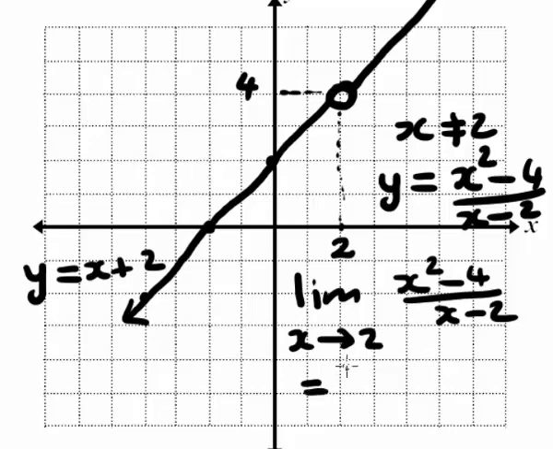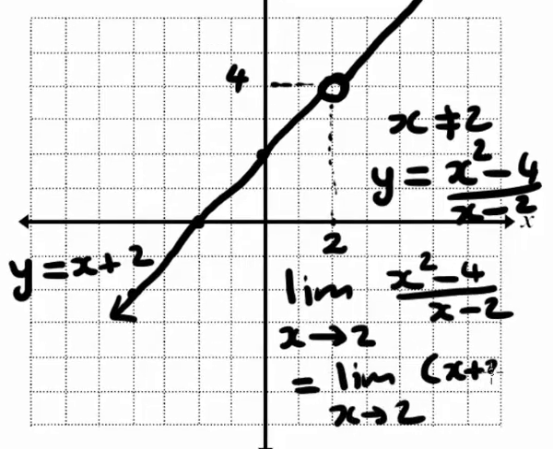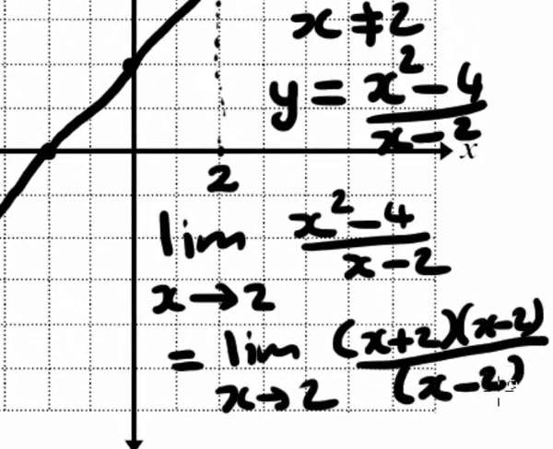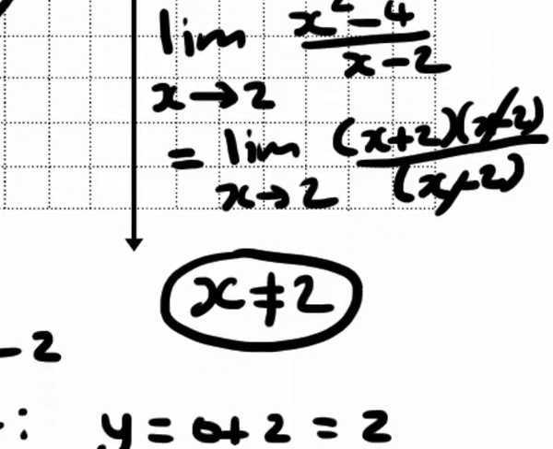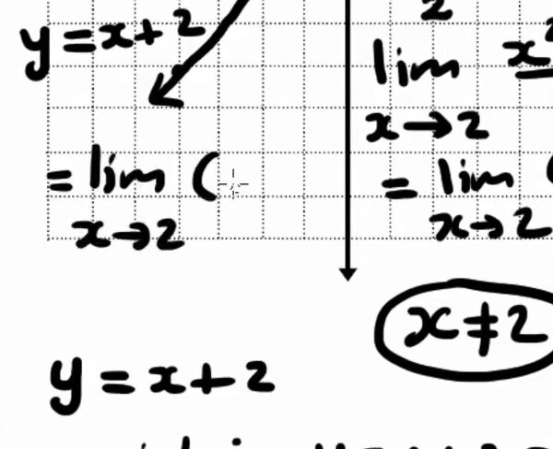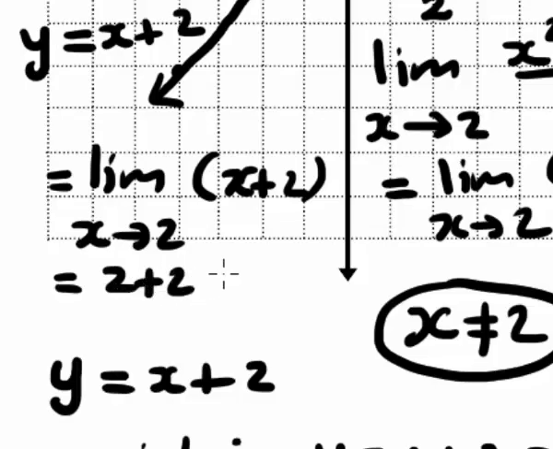you had to factorize. So you factorized and you got x plus 2 times x minus 2, divided by x minus 2. Those cancel. We're not allowed to equal 2, but what's very interesting, I'm just going to go on the right here, this is equal to the limit as x approaches 2 of x plus 2. Now when you sub in the 2, you drop the limit, you get 2 plus 2, which is 4.